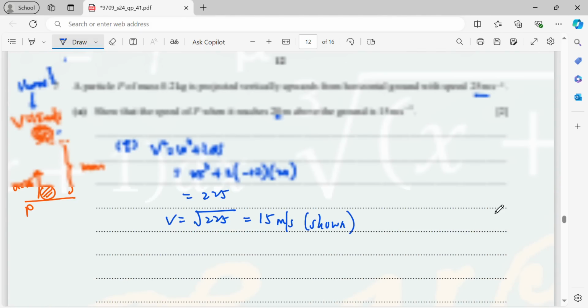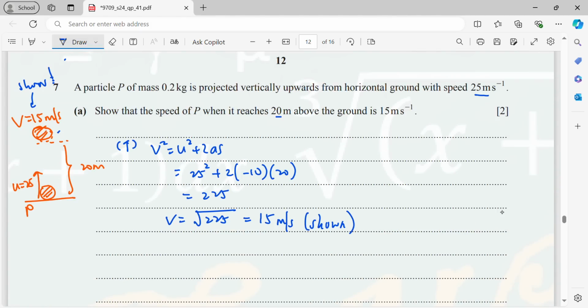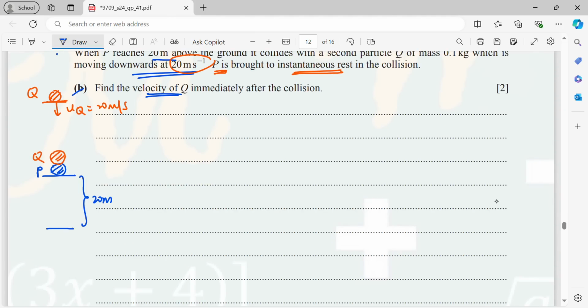For information, previous question we have proven that when it reaches 20 meters, the velocity for the P is 15 meters per second. That means at this moment, my UP is 15 meters per second.